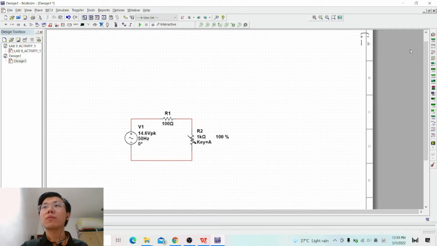After that, we connect them to each other in series. After we are done with the connection, we connect the multimeter to each component.